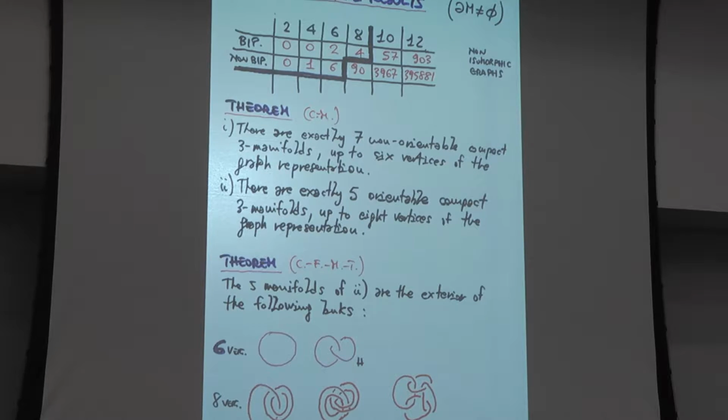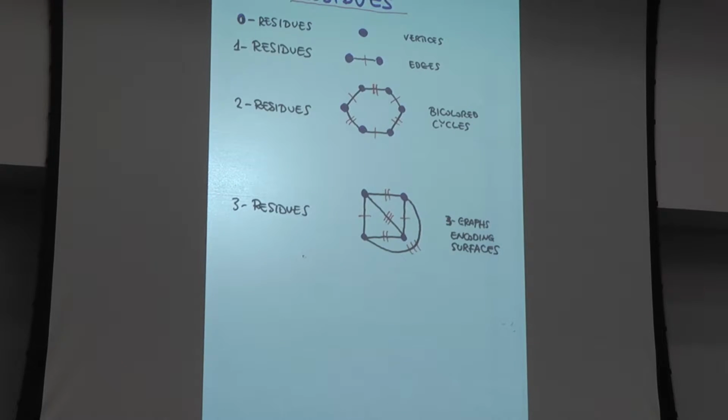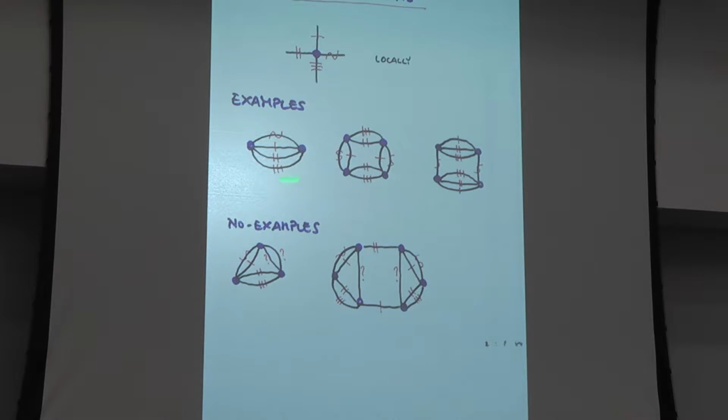Okay, then the first computational results are the following. With 2 vertices, there are no graphs representing a closed 3-manifold, because this represents S3, so it is not our case. We only study the case with boundary.